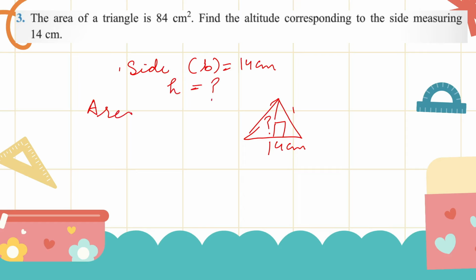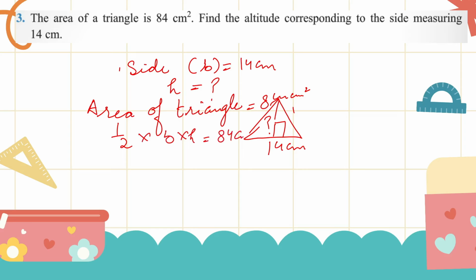Now, area of triangle. We already studied that is half into base into height. That is equal to 84 centimeter square. Now we have the base. Base is 14.